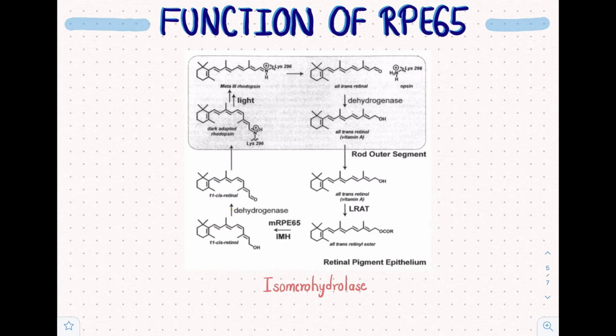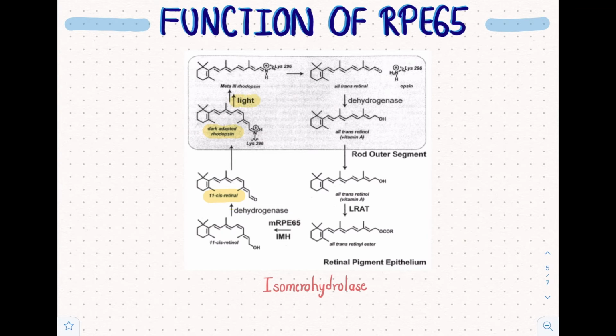This chart here is a simplified version of our visual cycle that mentions a lot of things that we discussed in class. Rhodopsin is a photosensitive pigment in the retina that stays bound to 11-cis retinol in its inactive form.